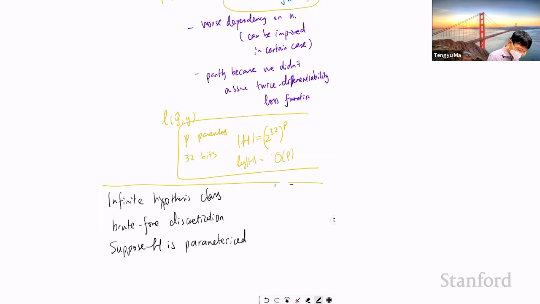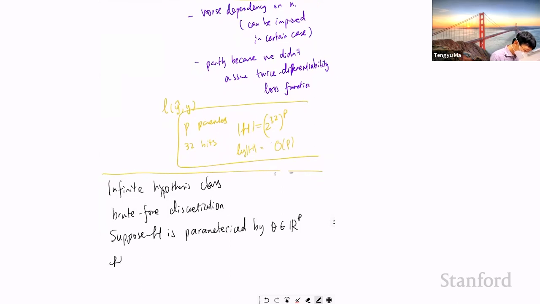Suppose H is parameterized by theta in P dimensions. Mathematically, H is a family of H sub theta. Each H sub theta is a parameterized model, where theta is in some set capital Theta, which is a subset of R^P. So capital Theta is the set of parameters you are going to choose from.